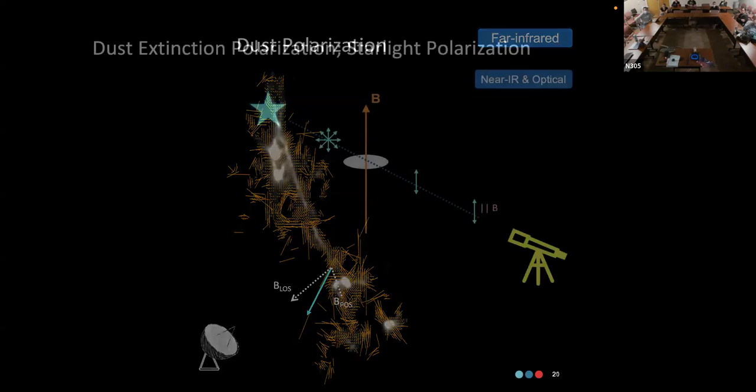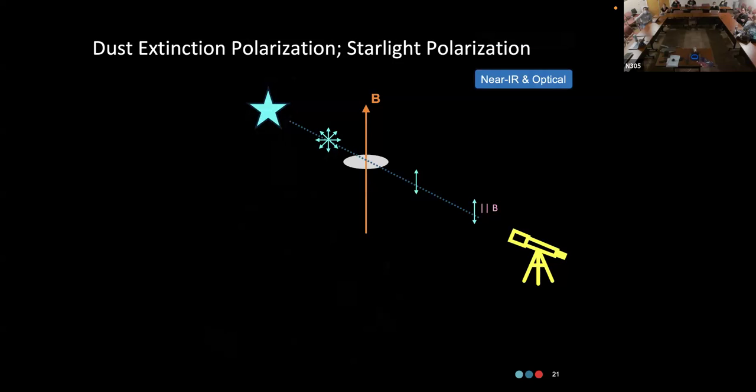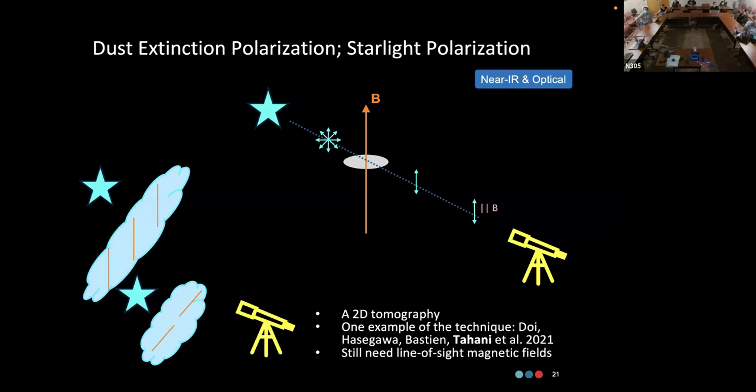For tomographic information, we can use near-infrared or optical observations and use, again, dust polarization, but instead, we look at the background stars. So we call this starlight polarization. And because we know the distances to these stars, we can actually get tomographic information about the plane of sky magnetic fields of these clouds.